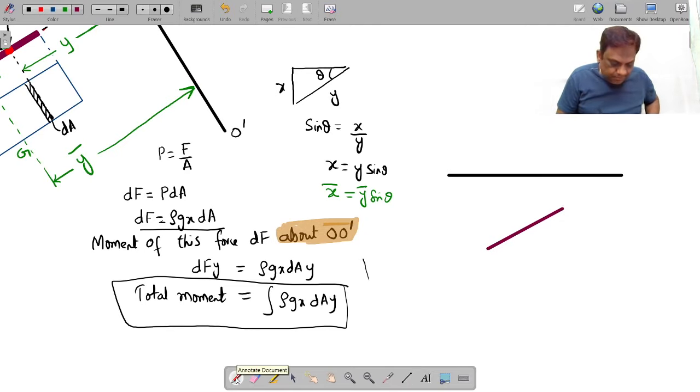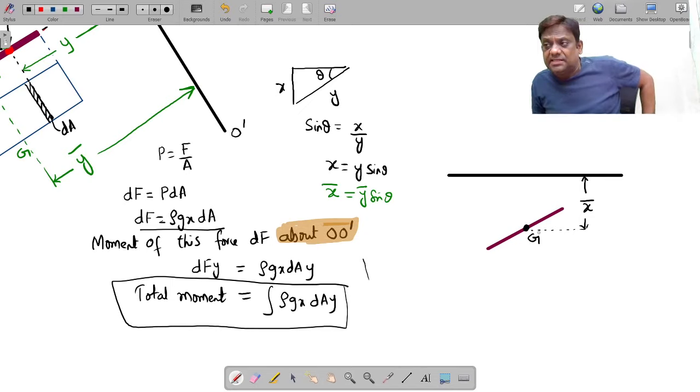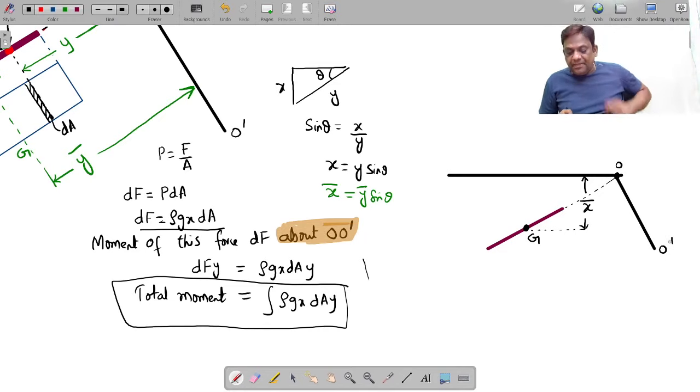See, my dear students, let this be the center of gravity, G. Can anyone tell where the center of pressure is?